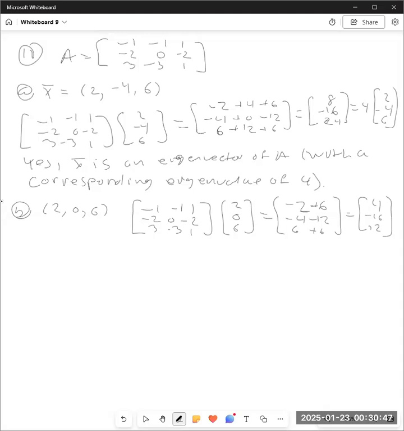Can that be written as lambda times 2, 0, 6? No, it can't. If I tried to pull out the 2 from the 4 to make it 2, that would leave a -8, not a 0. These two components would be right, but the middle one would be wrong. So x bar is not an eigenvector of A.